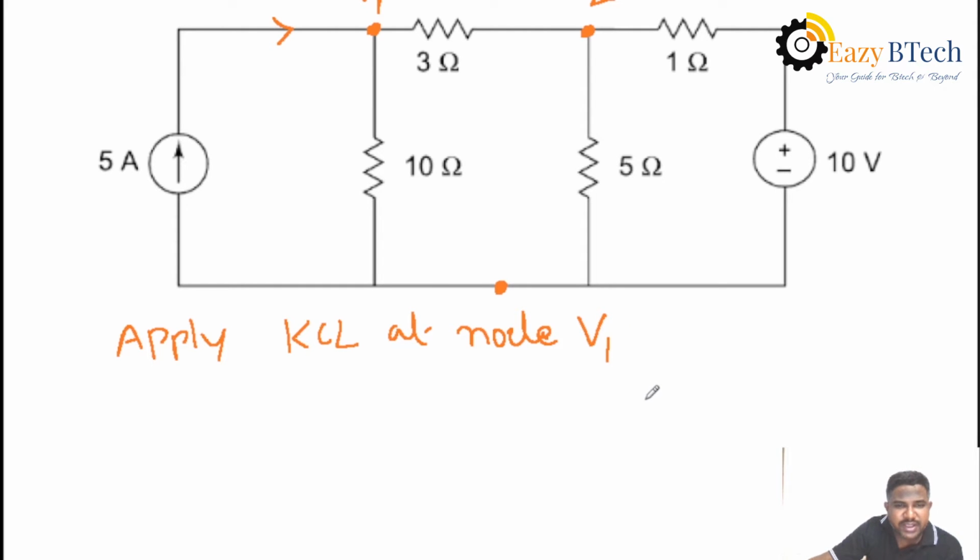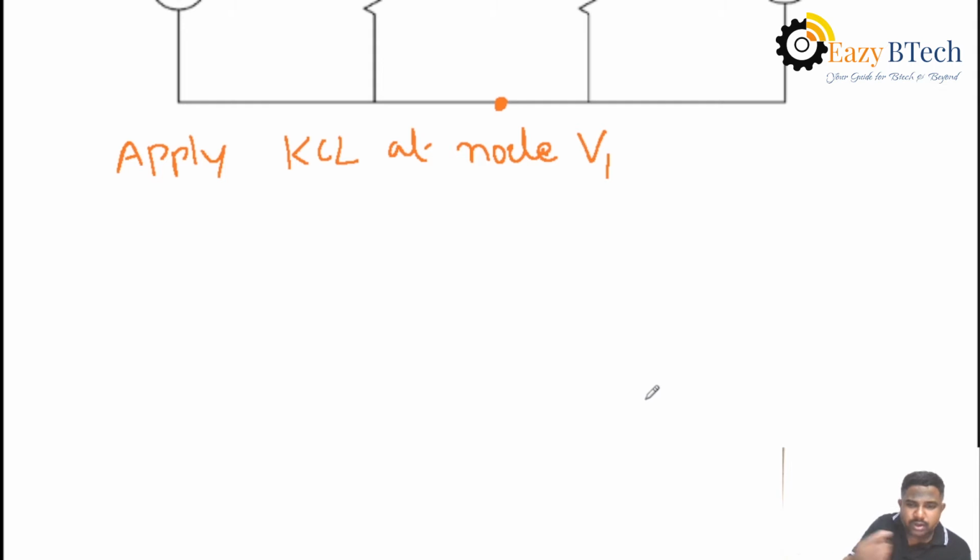Before applying KCL, you can draw the simple circuit at each node. In the given circuit, this is voltage V1, this node voltage is V2, and this is given as 3 ohms.